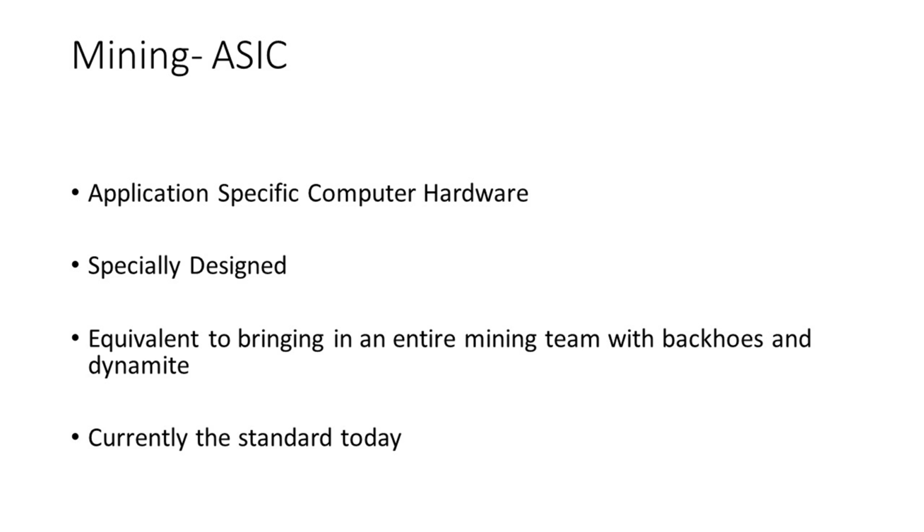This was specifically designed hardware that was designed to do one thing: perform the hashing algorithms needed to mine bitcoins. These ASICs changed Bitcoin mining quickly. This wasn't just changing to a backhoe over a shovel, this was changing to an entire team of backhoes.